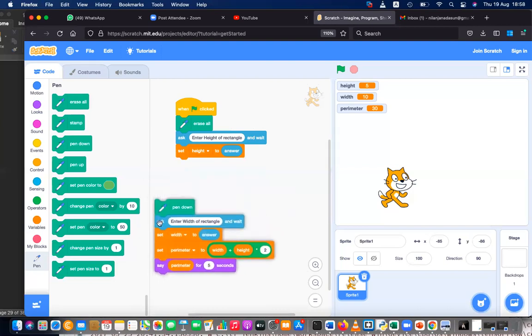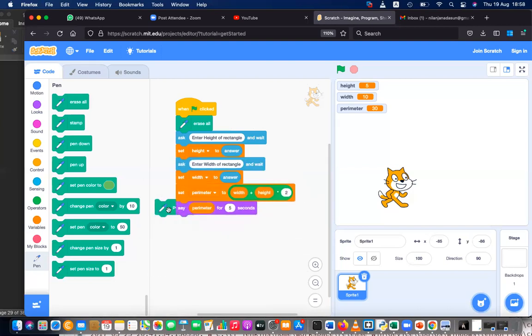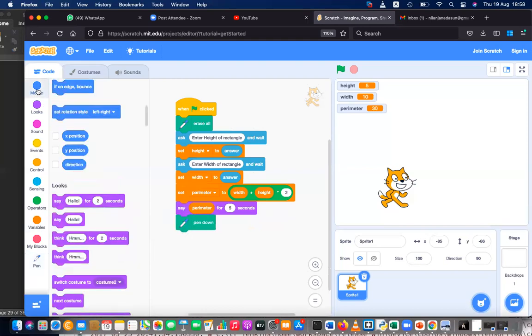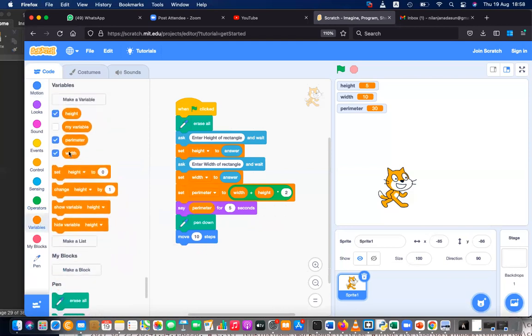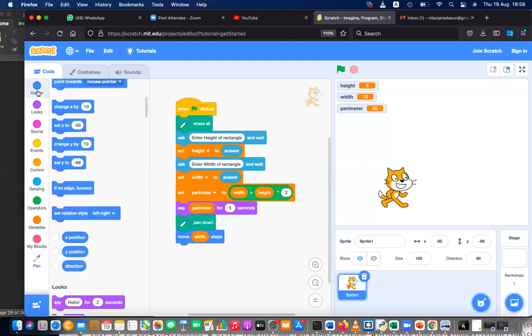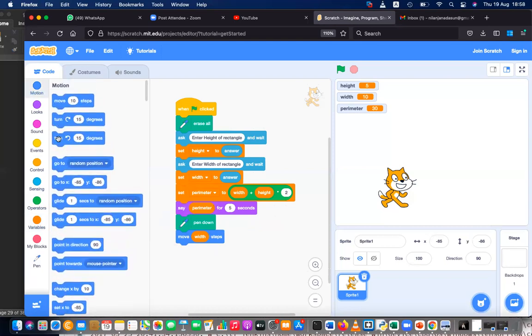Okay, let's do this after getting all this, right? Pen down, and then you can move width steps. From motion, you can move the width. And then you can turn 90 degrees. That is the angle.